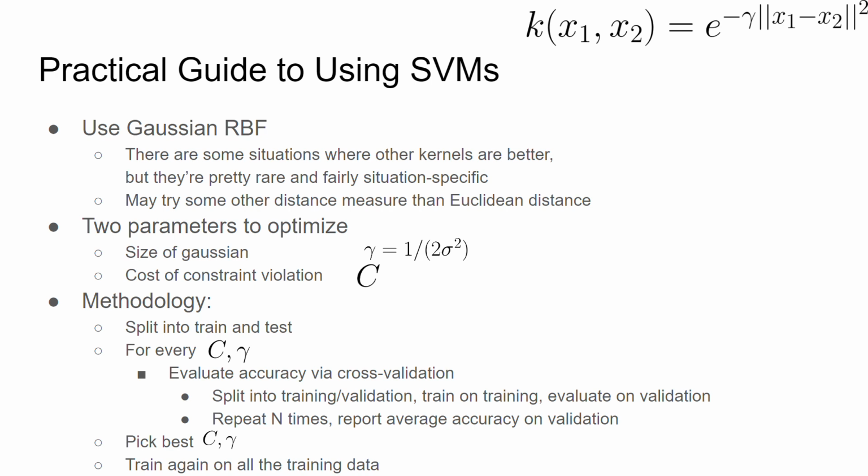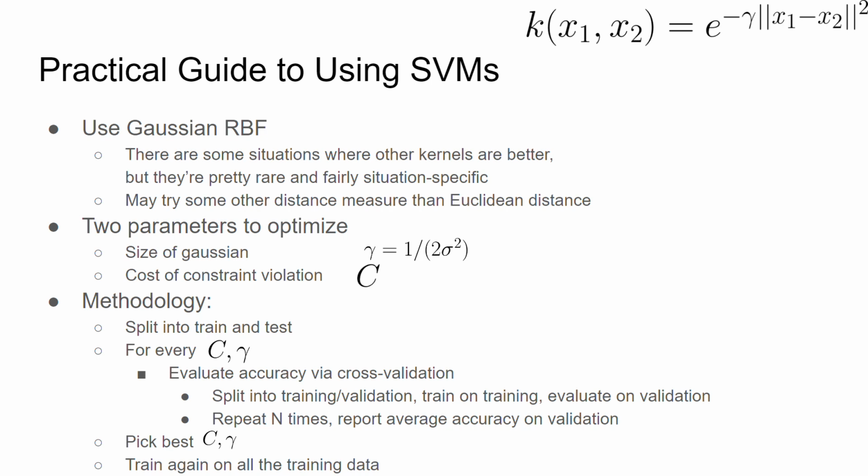Every now and then, something else might be more suited, but that would be a situation that is incredibly situation specific, where you know something about the structure of your data to say, points nearby shouldn't be something like a Gaussian blob. There's some polynomial that would be better or something. Fine. That's incredibly rare.